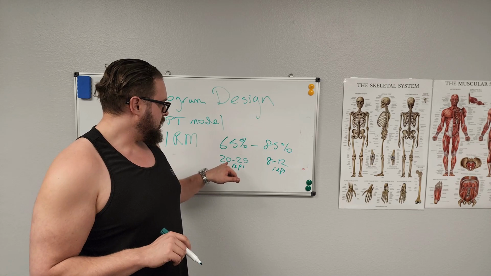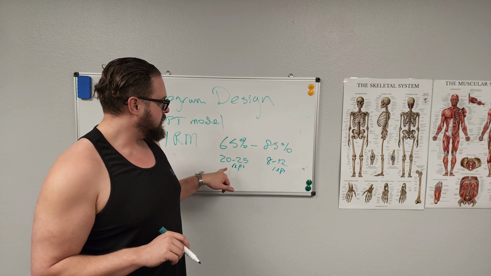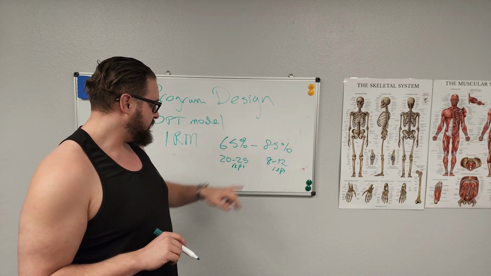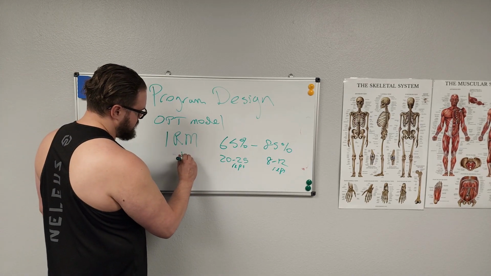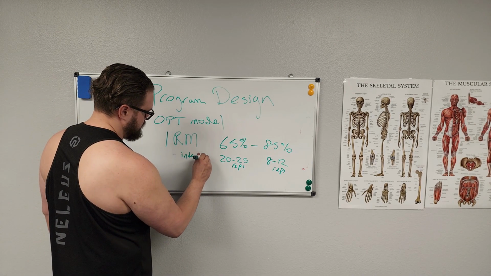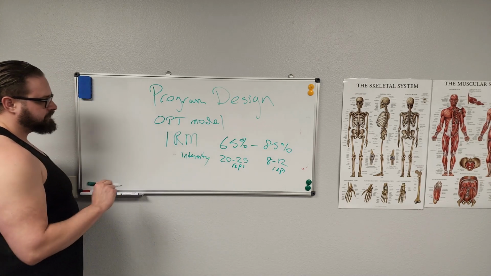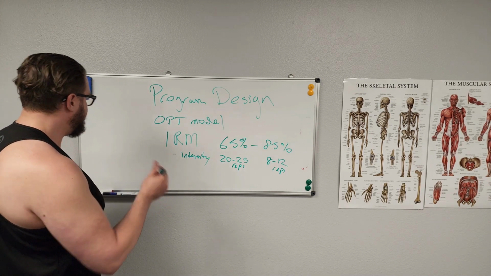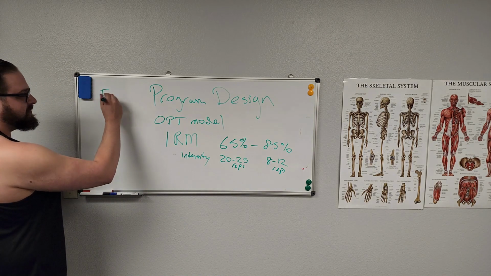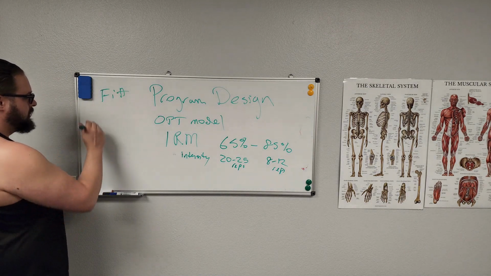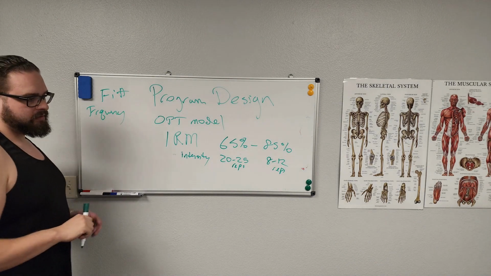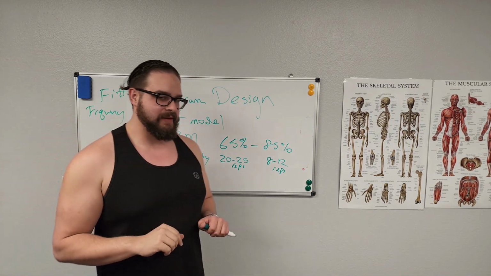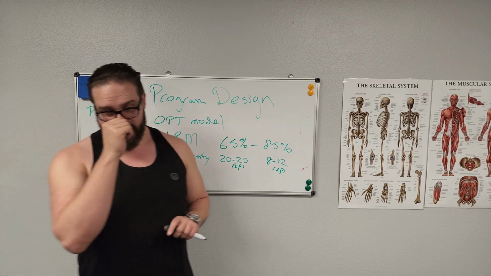All right, so 65 to 85%, 20 to 25 reps, 8 to 12 reps, and that's how you change your intensity. Then you have frequency. I'm basically describing the FIT principle right now. Frequency. Now, you don't want to exercise the same muscle group every single day. It's considered overtraining.